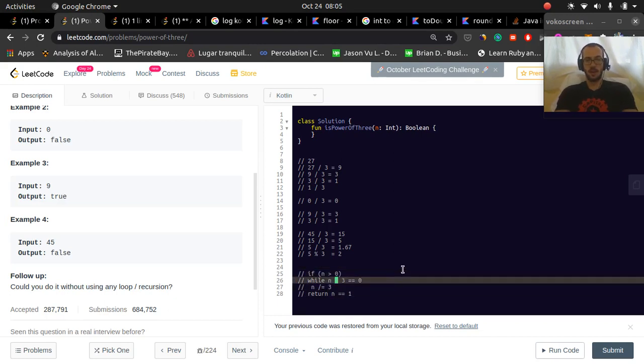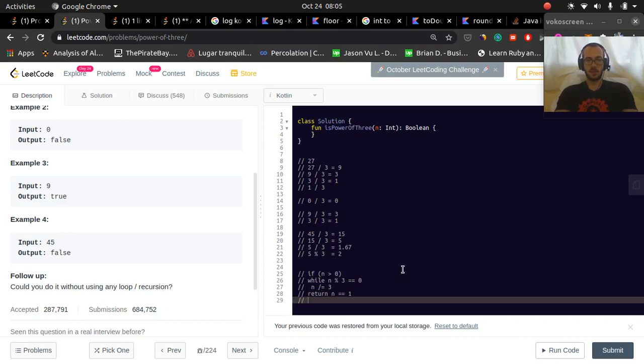Okay, and let's think about space and time complexity. So we're going to be dividing by 3 every time. So how do we, so if something is halving each time, that's going to be a log of n.